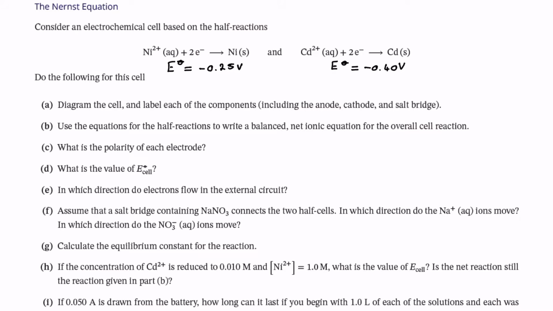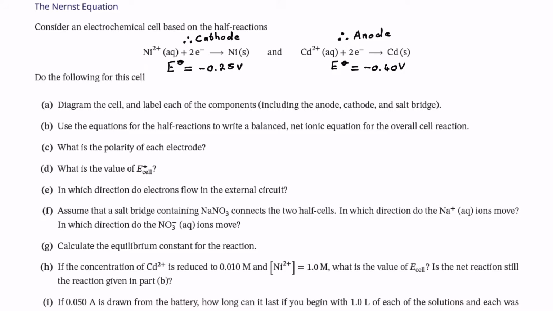So the species that is reduced, in other words the nickel in this case, of course, will form our cathode. The species that is oxidized will form our anode. All right, and that's how you figure it out.